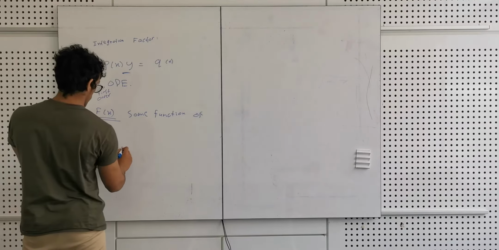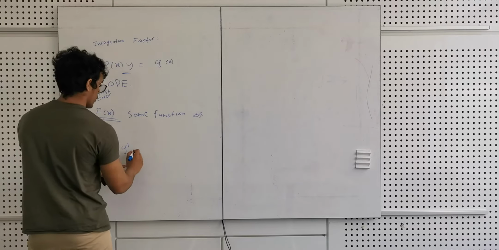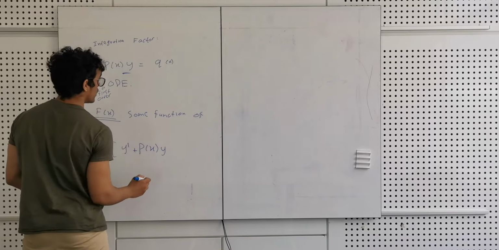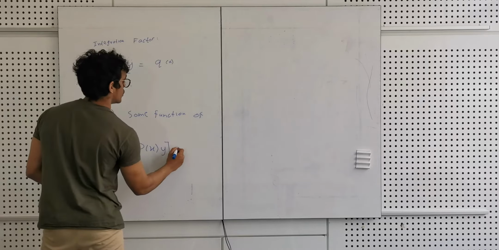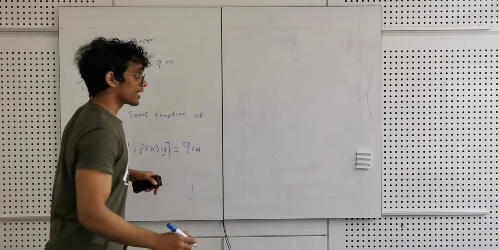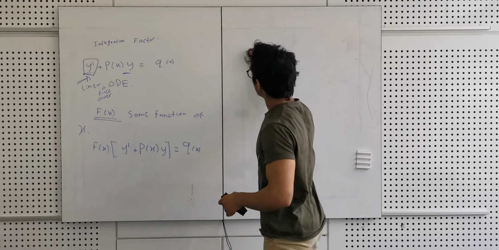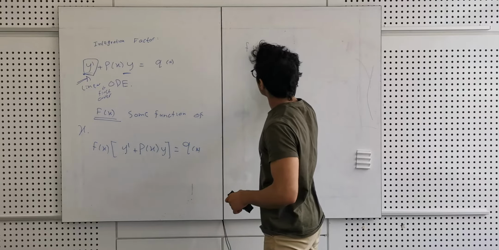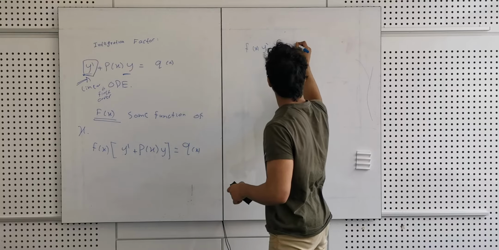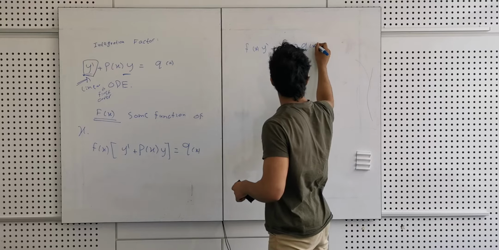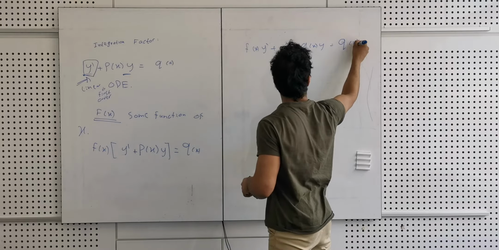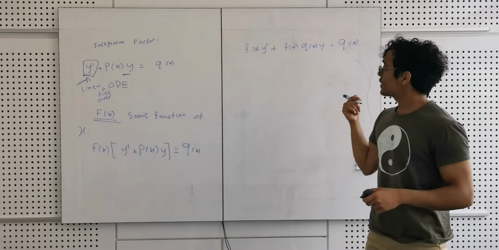So f of x times y prime plus b of x y is equal to q of x. So we're going to do the multiplication. After doing the multiplication and the expansion, we get the following thing.